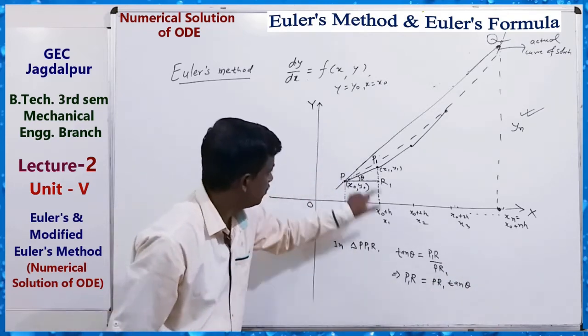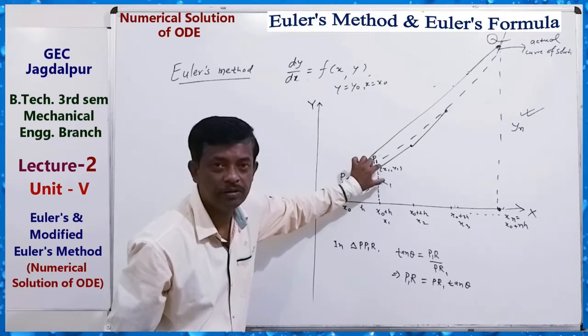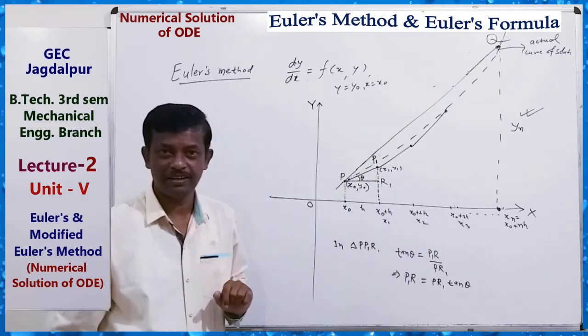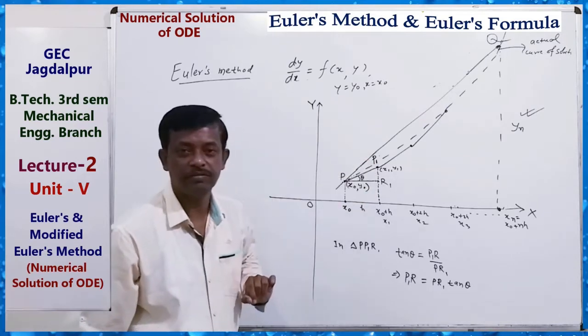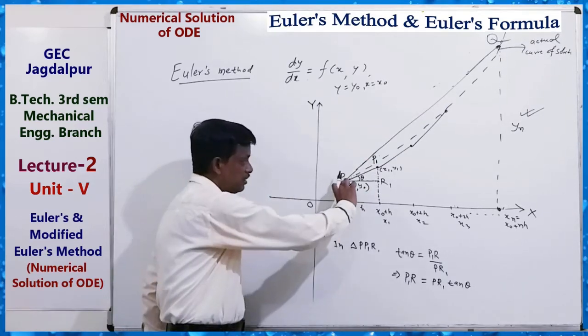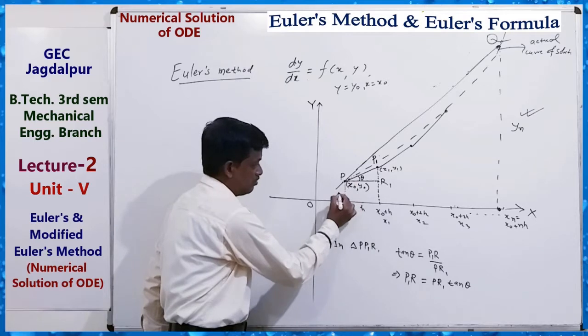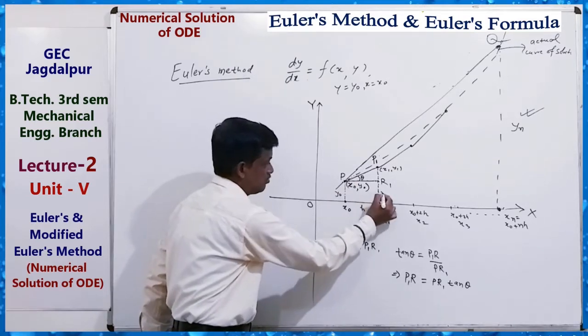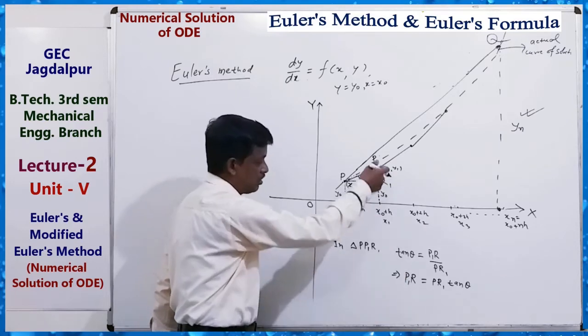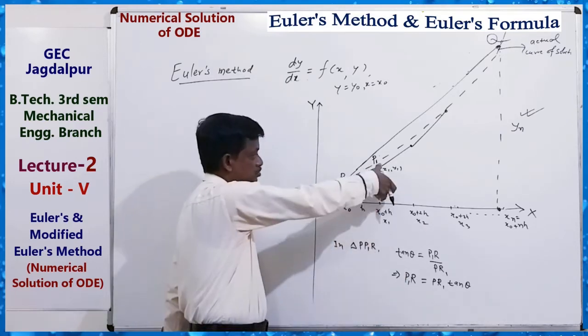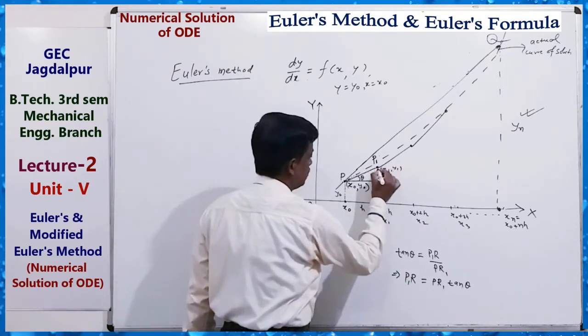P1R, this value. And this value is what? This value plus this value. So this is y0, this is y0, plus this P1R, so this is y1, total value.